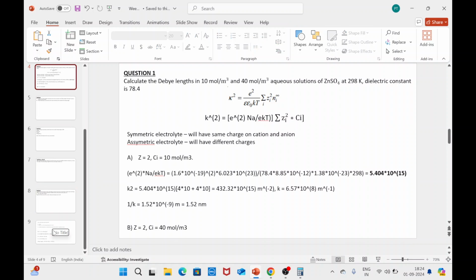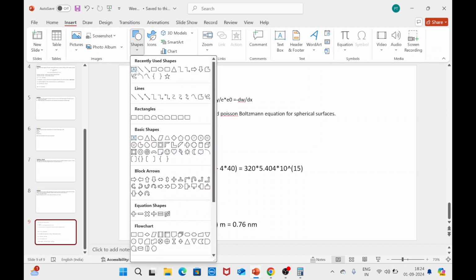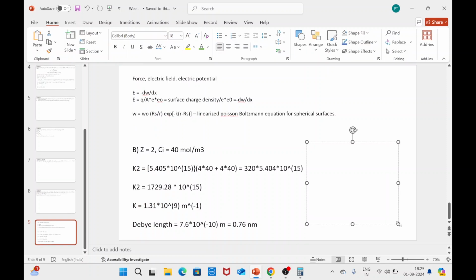This will be an interesting question, so please think over this. We might take this up in the next class, on understanding the variations of Debye length with concentration of electrolyte, the valency of the ion, and the temperature. Today we have seen the visible difference, but we need to understand the physical or scientific reason on why such a change actually happens.